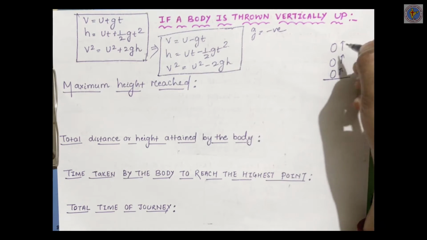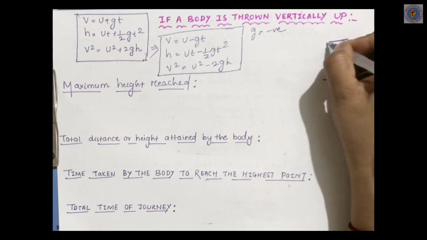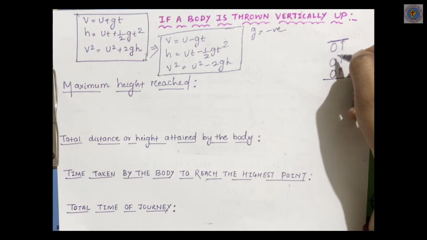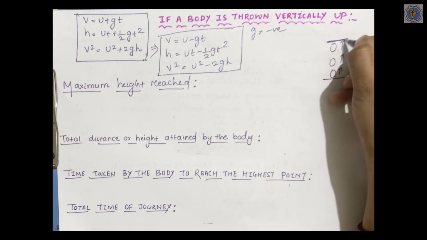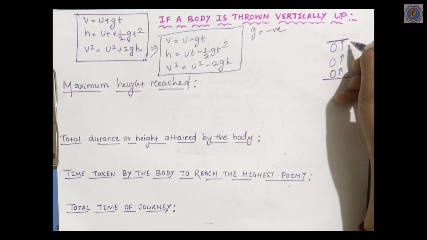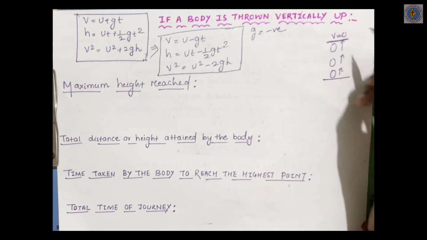Now tell me children, what will happen when a body reaches the maximum height? Since the body is moving with some initial velocity, what happens to its final velocity at the highest point? The final velocity of the body becomes 0.